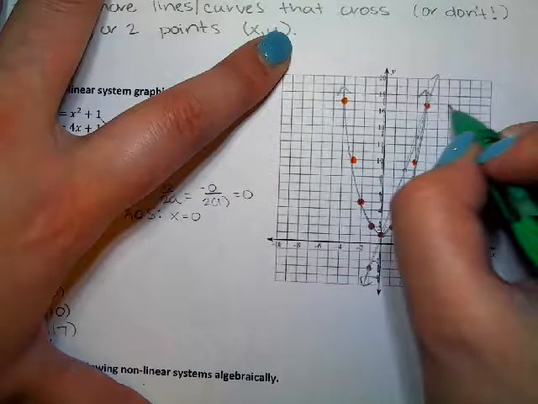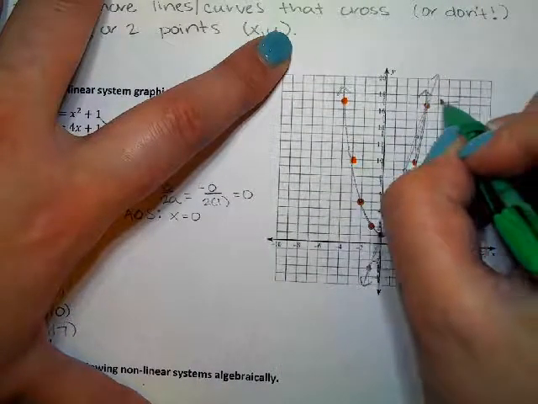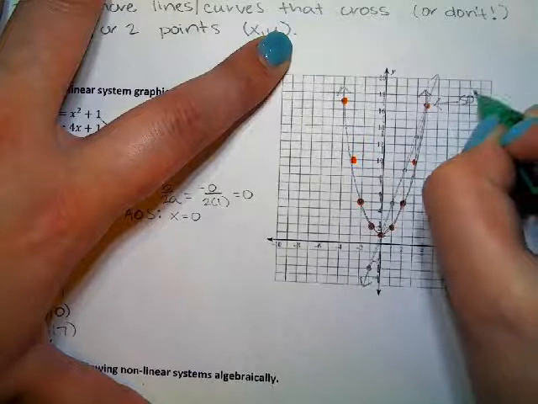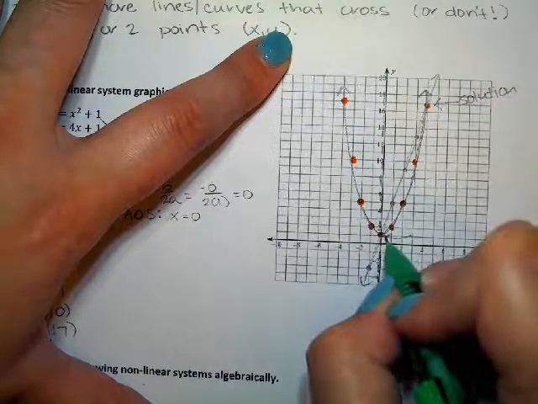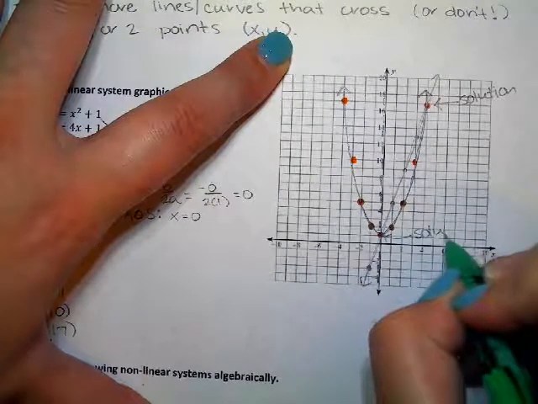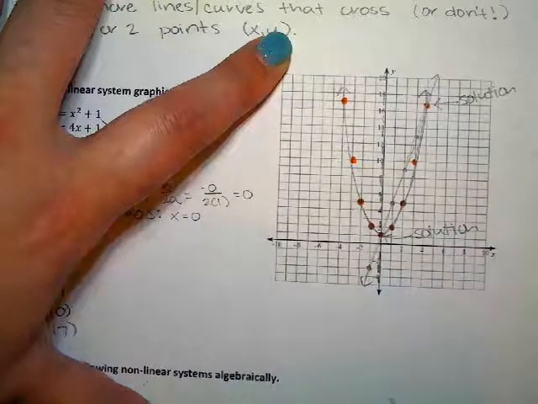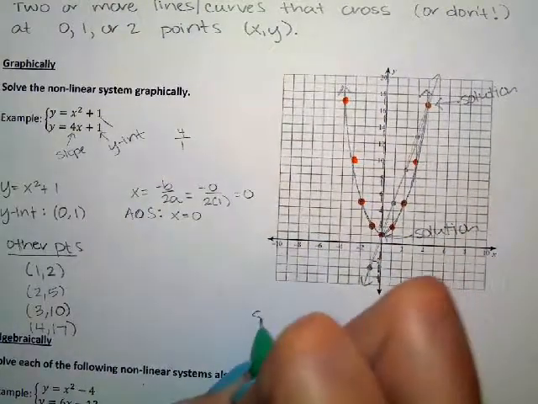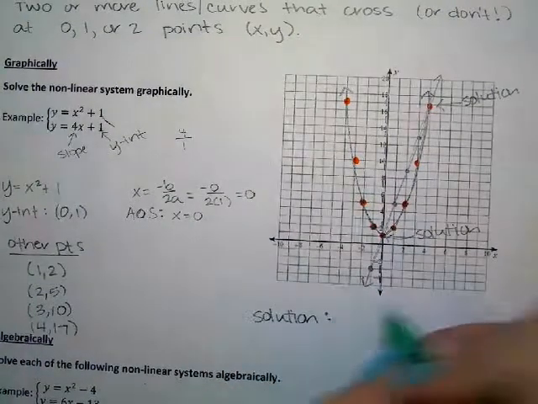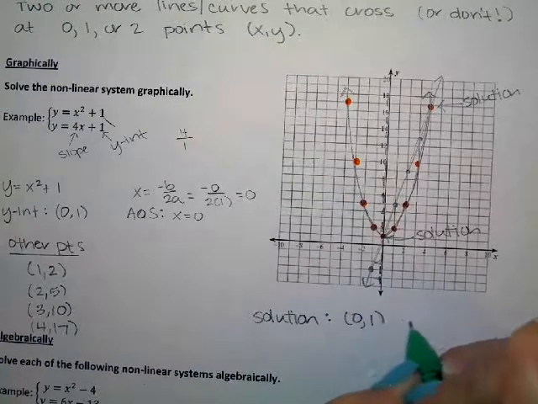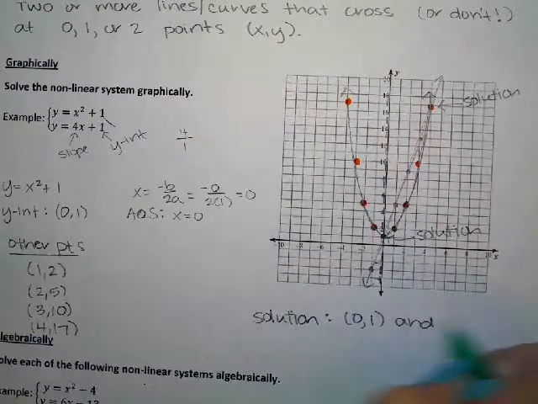So one solution is right up here, and then one solution is right down here. And so the solutions are 0, 1, and 4, 17.